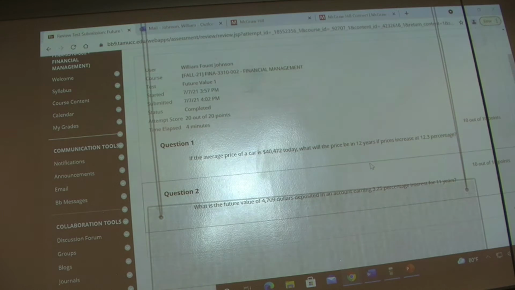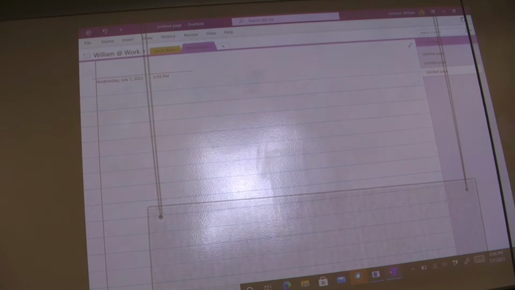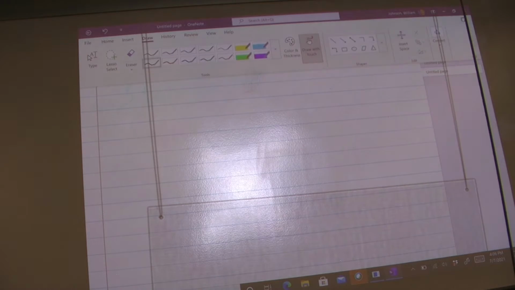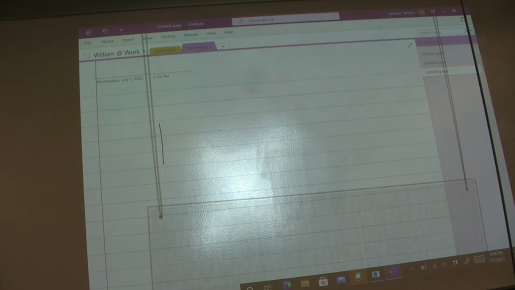So when we're writing out these questions, we always want to identify what we're given, and we also want to use something like a timeline. So the first stage to solve these questions is normally to draw out a timeline. Here is our present value, here is our future value, and then we have a time.